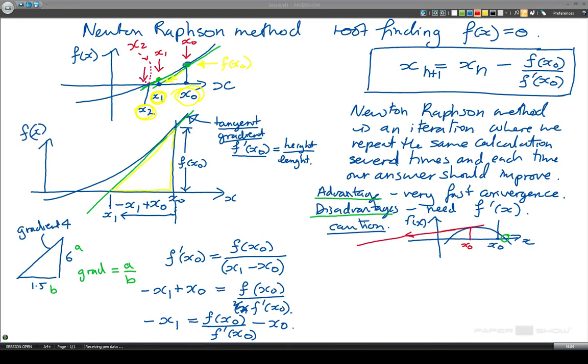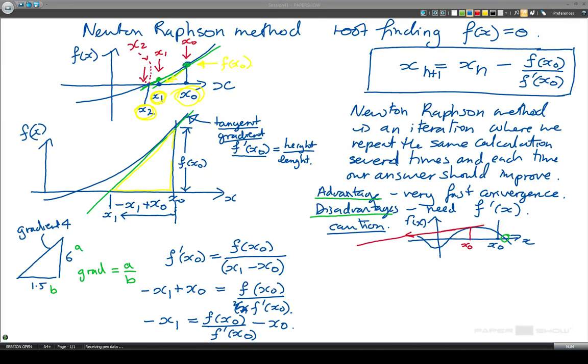It might mean that we end up, depending on what the function does, I mean, I haven't really drawn the function over here, but the Newton-Raphson, if you start somewhere which isn't that close to a root, can be a bit unpredictable.